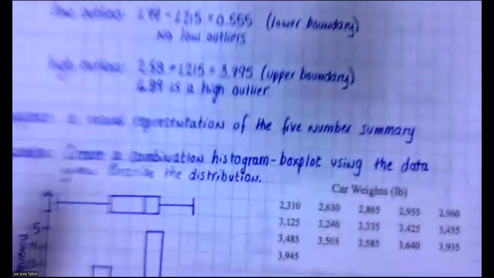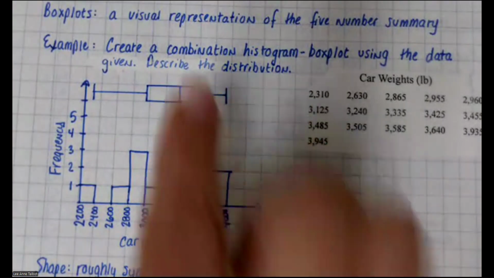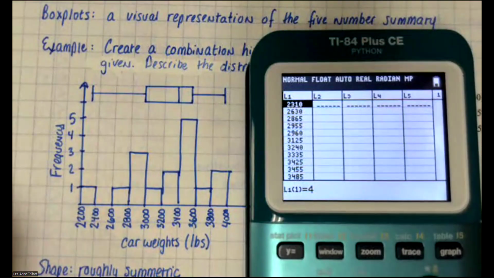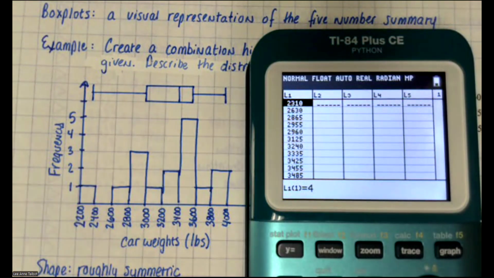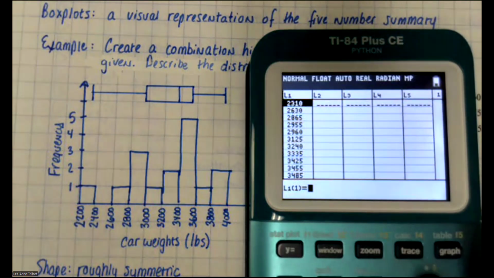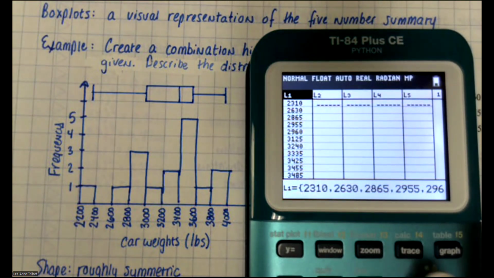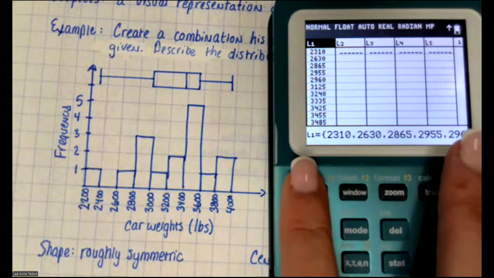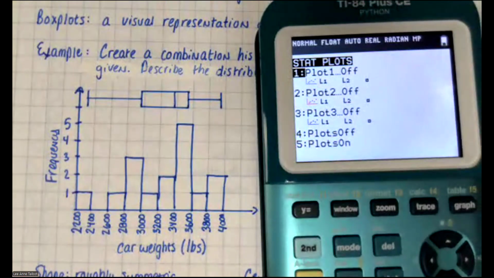And I'm hoping that my box plot is going to look a lot like this box plot I already made. So let's put this next to this so we can make sure that they look the same. And I just typed something in there that I didn't want. Okay, so I'm going to go second y equals.